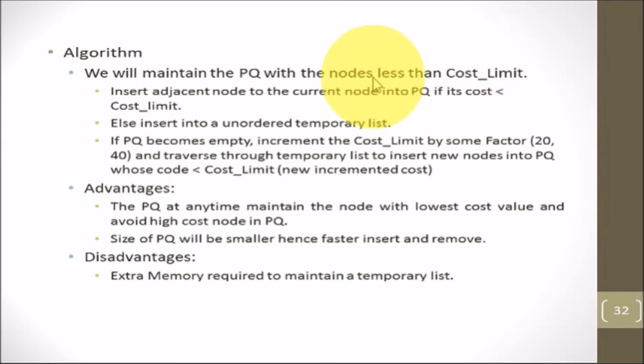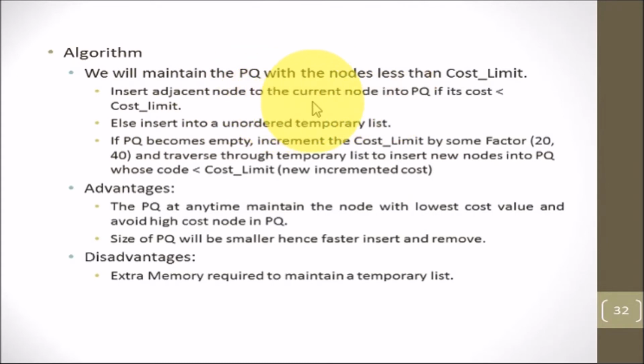So at any time in the algorithm we will have a priority queue which is holding nodes, let's say, having cost 0 to 20. That's it. Later on, it could be holding cost 0 to 40, and then later 0 to 60. So the algorithm will work as follows: first insert adjacent nodes of the current node.